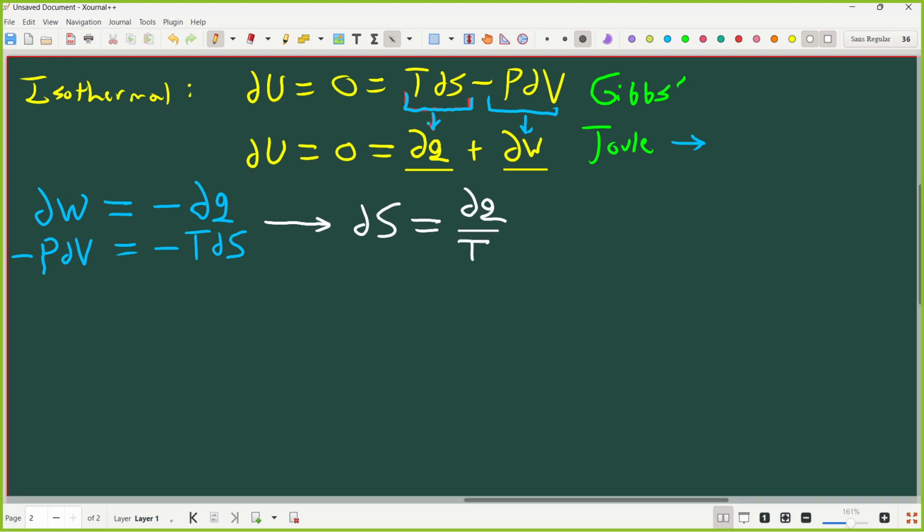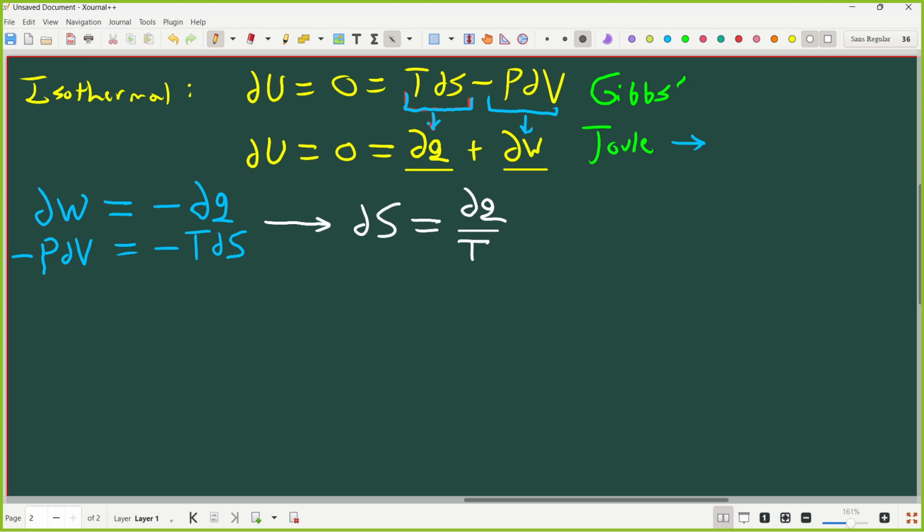So let's say, for instance, you're at 300 Kelvin, and you've done this compression or expansion, and you've transferred some heat in and out of the system. The entropy changes that heat energy per unit temperature.